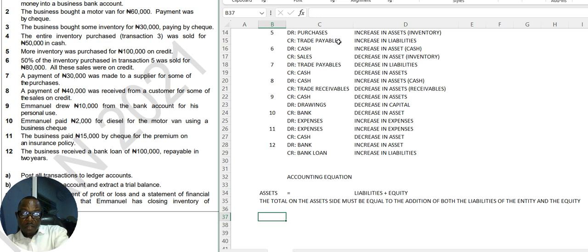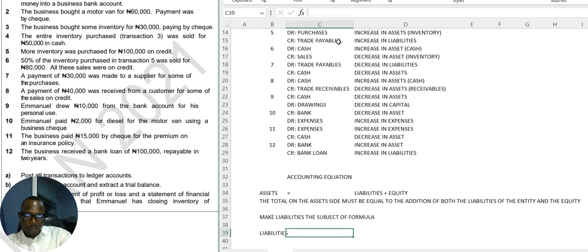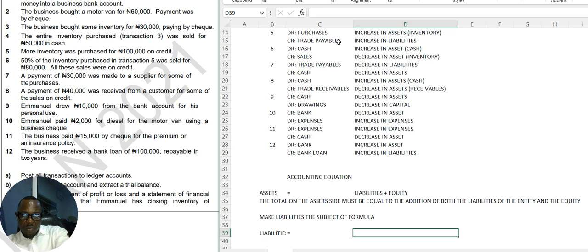For example, if I want to turn it around, I can make liabilities the subject of the formula, to give you something like this: liabilities is now equal to assets minus equity.